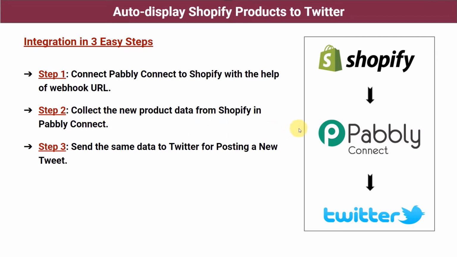So in the second step, we'll bring the data of a new product that has been added here in Shopify to Pabbly Connect. And step 3 is send the same data to Twitter for posting a new tweet. So in the final step, we are going to deliver the data collected here in Pabbly Connect to Twitter as a new tweet. All right. So let's step back to our first step and open Pabbly Connect.